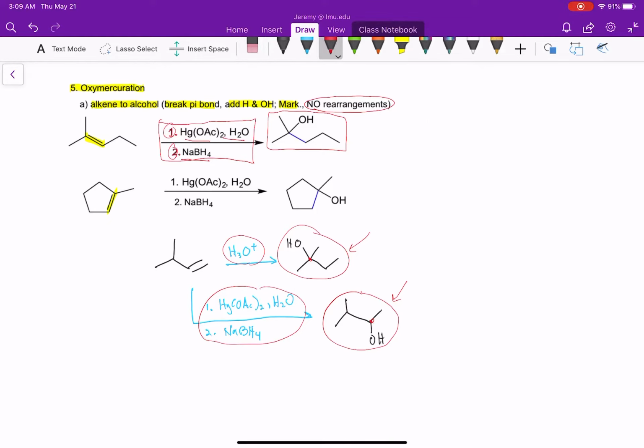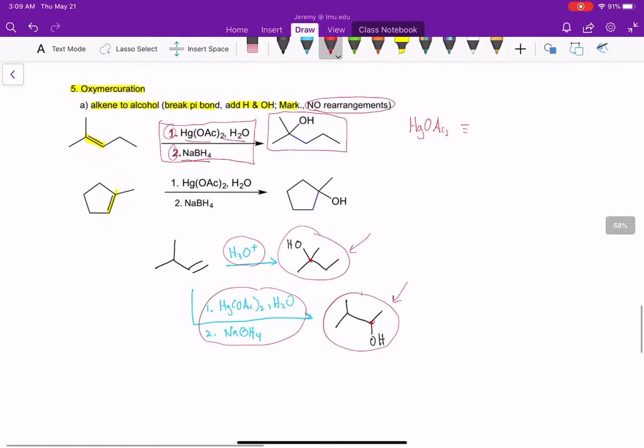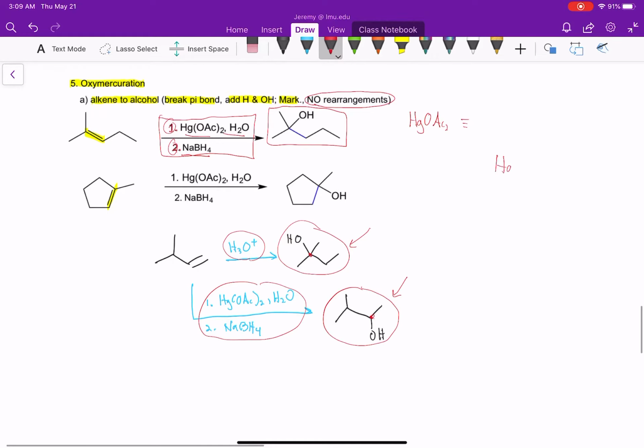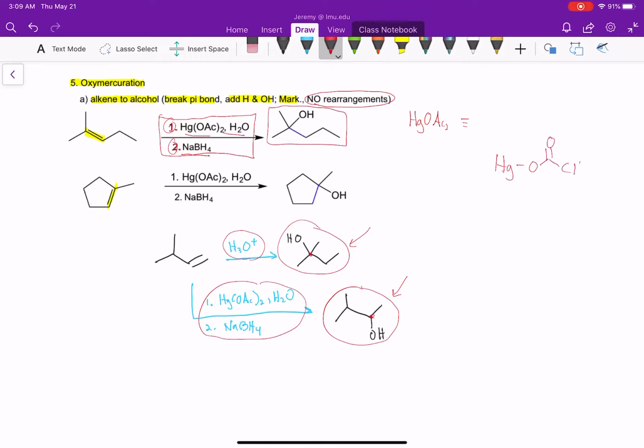So let's again break this down. Mercury acetate, HgOAc2. What does that structure actually look like? Well, that has a mercury atom connected to an acetate. So an acetate is an O, C double bond O, CH3, and obviously we have two of those, O, C double bond O, CH3.